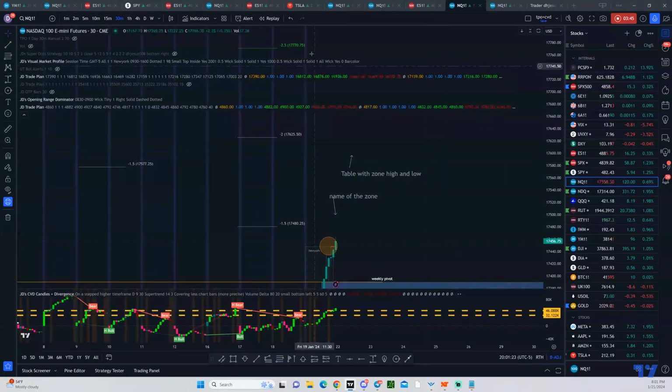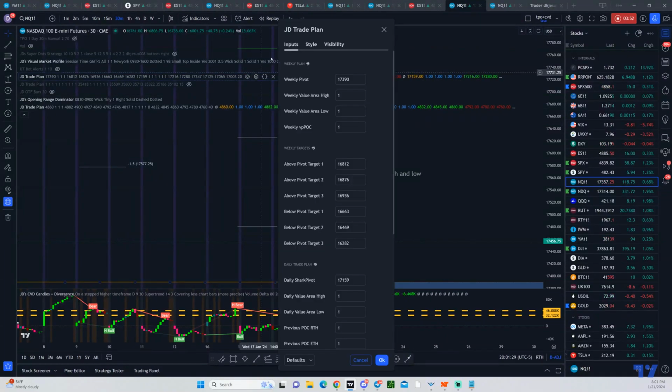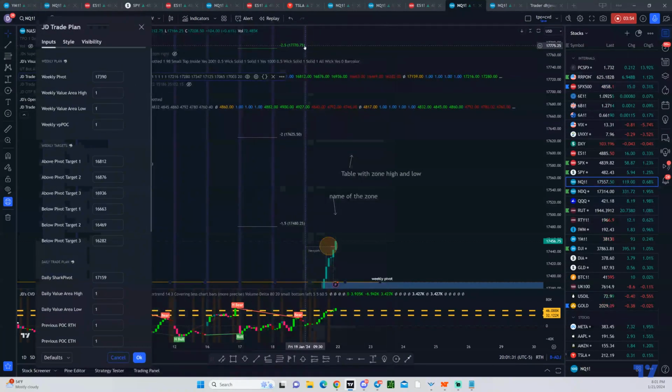Right now we're trading at 557. It has a massive range, but it is what it is, guys. 480, so target number one is 17,480. Target number two is 17,525.